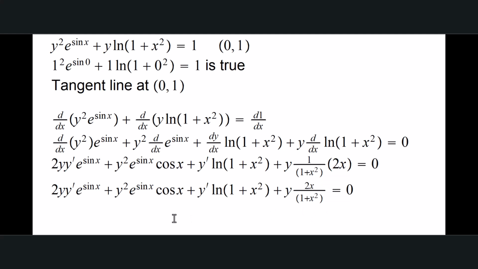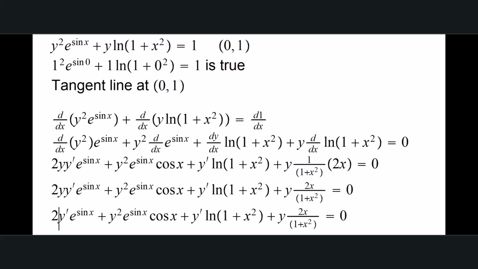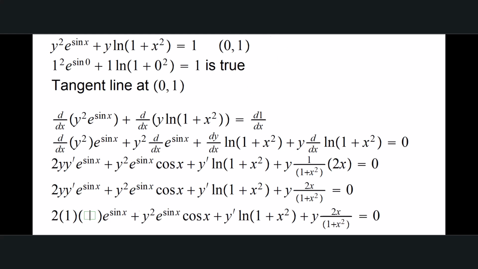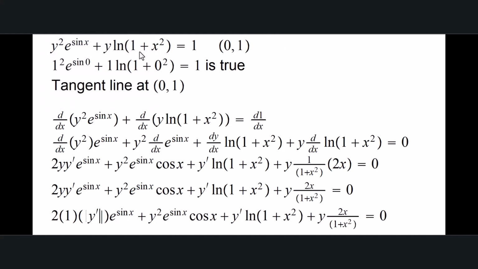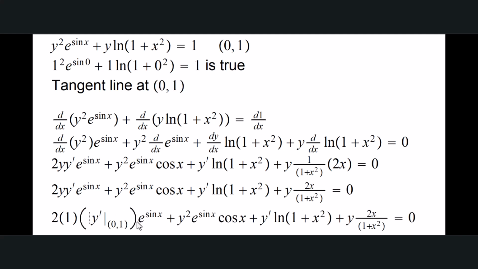And if we do that, what do we get? y is 1, okay? And let's just write this in a little formal way. You don't have to, but I'm just doing it here for the sake of clarity. So here we got this y prime at (0, 1), and then we have e to the sine 0.